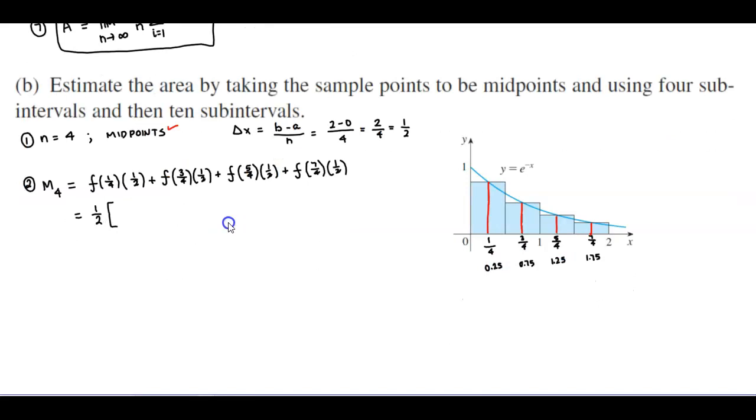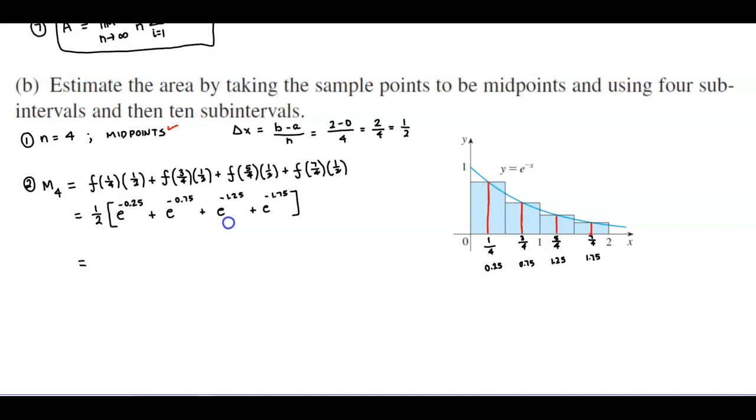So therefore, this is going to become e to the negative 0.25 plus e to the negative 0.75 plus e to the negative 1.25 plus e to the negative 1.75.